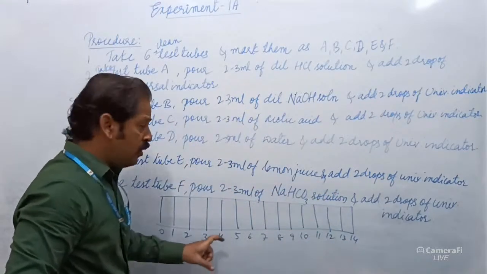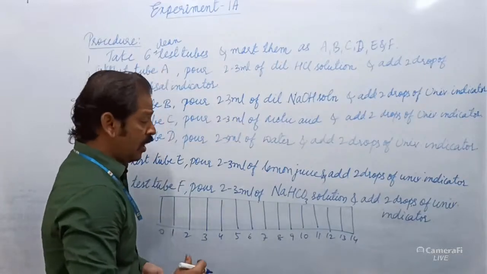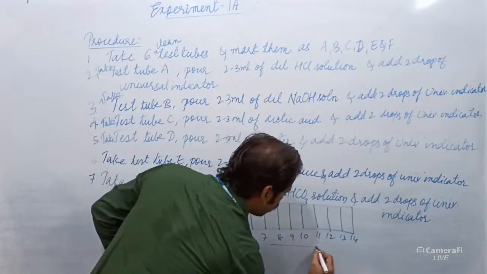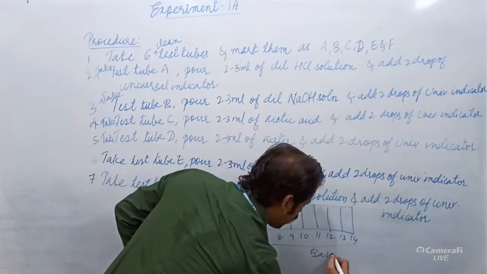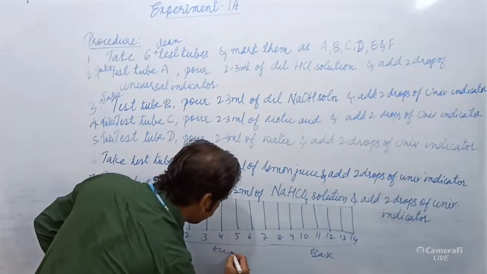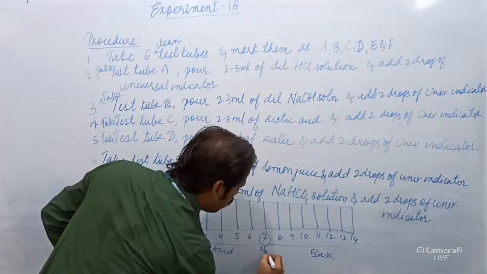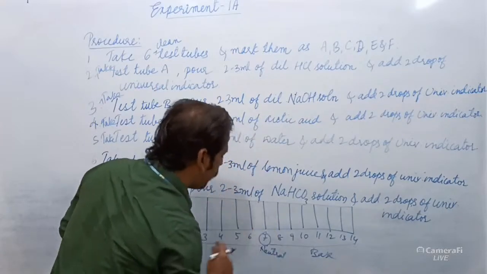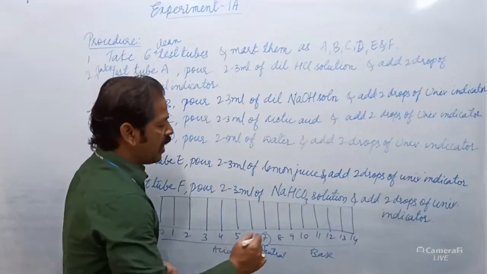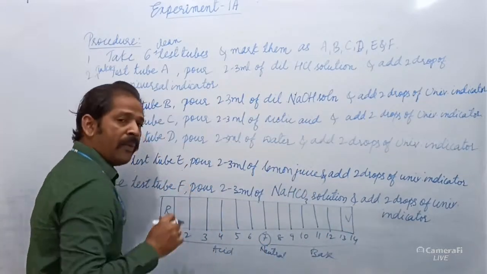From 7 to 14 it is basic, 0 to 7 is acidic, and 7 is neutral. Violet comes at 14 and red comes at 0 to 1.